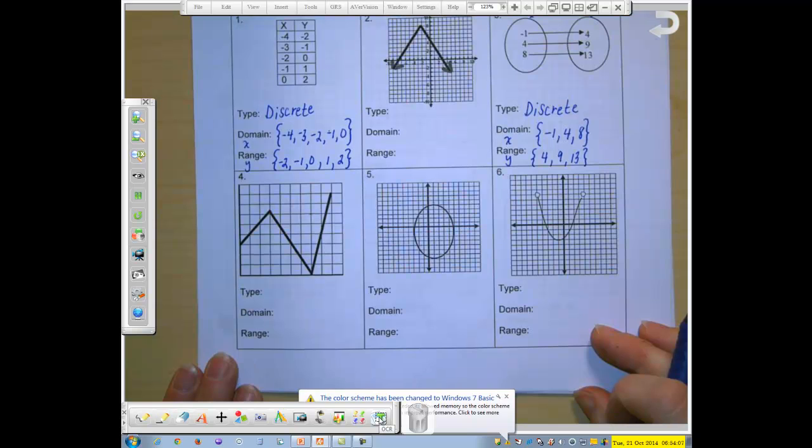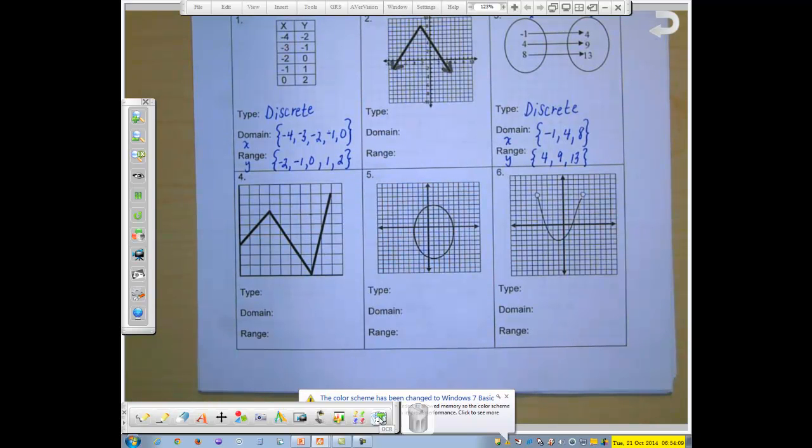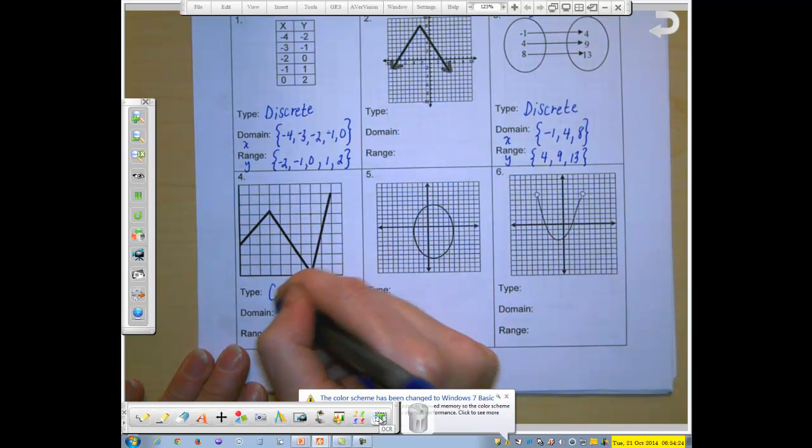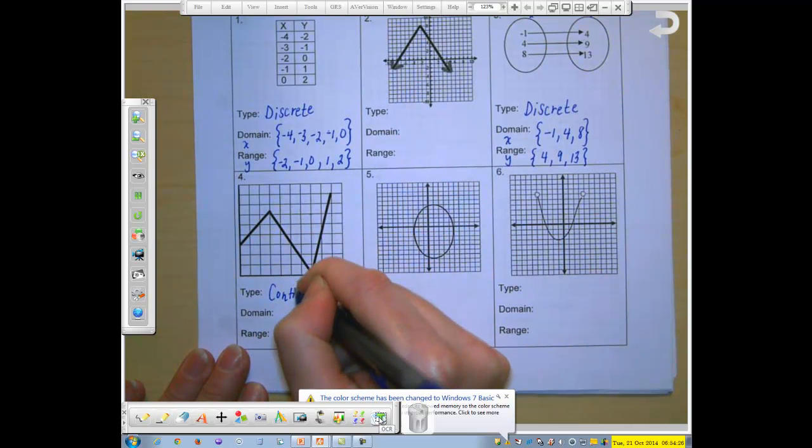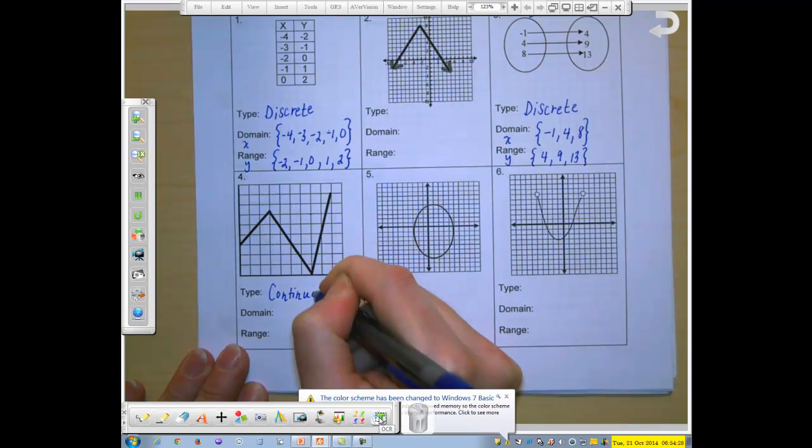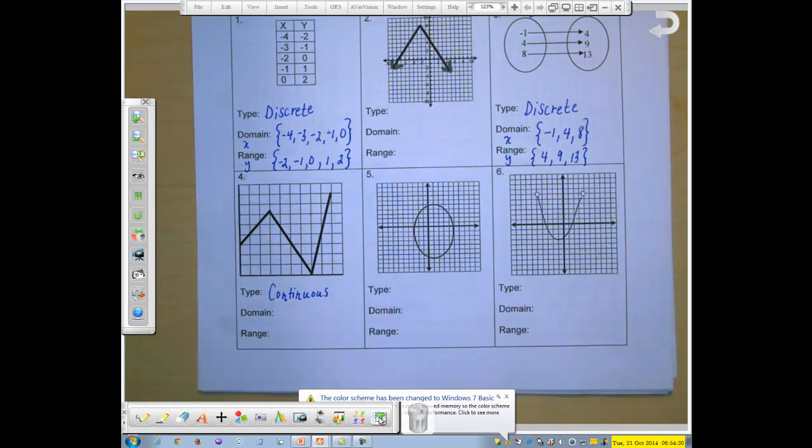Okay, let's go to a different kind of representation. We can see that this graph here is a line that doesn't have any breaks in it. So we could say that this is a continuous line. So this data is continuous. So the domain is going to be every single x value that's included in this graph.